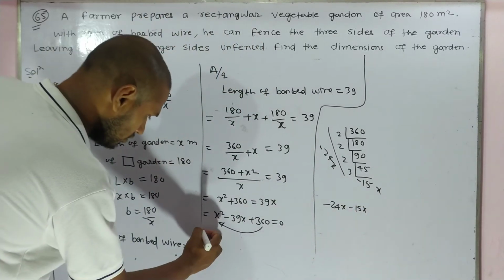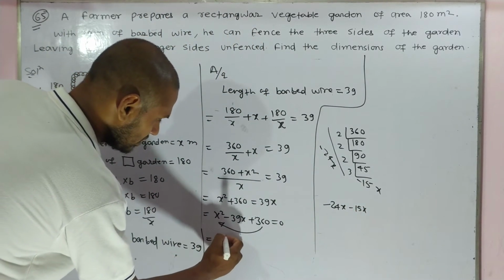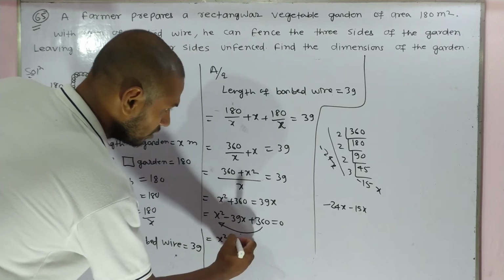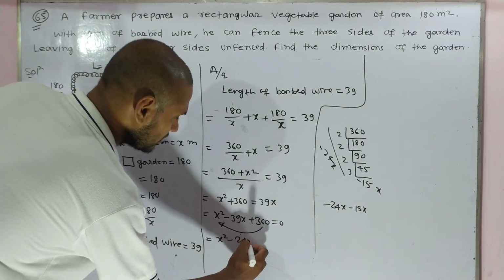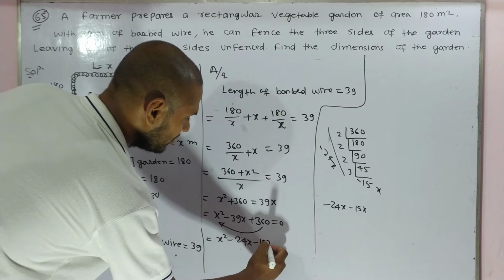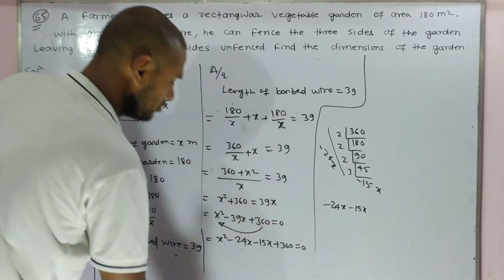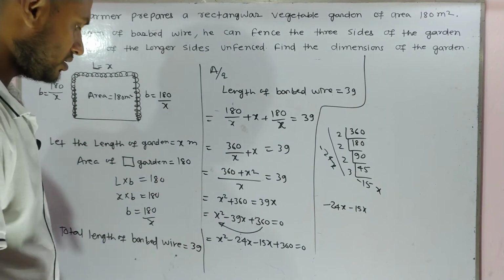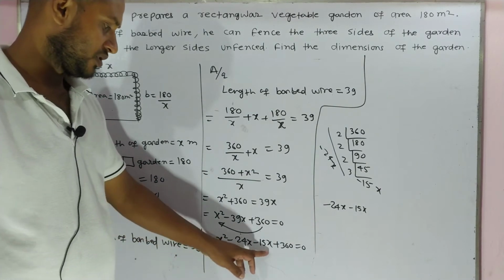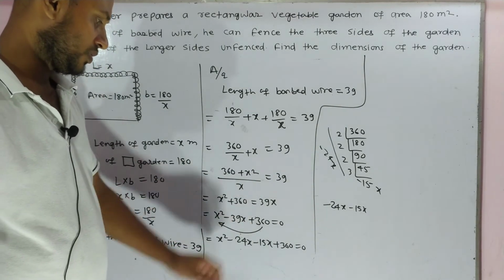Then x square minus 24x minus 15x plus 360 equal to 0, since multiplying gives plus 360 x square.